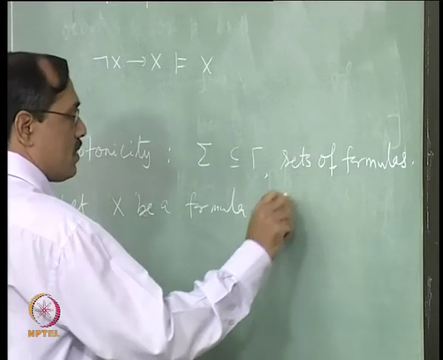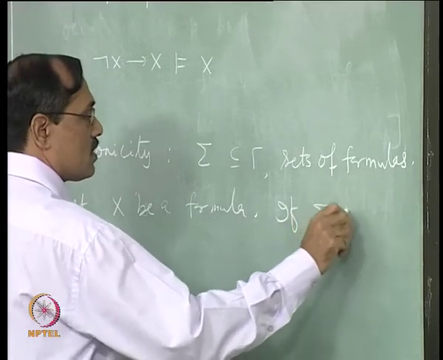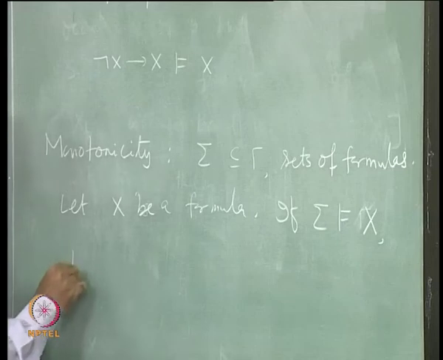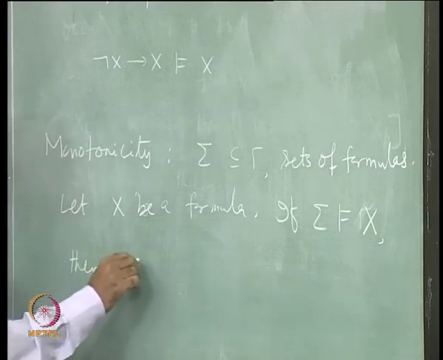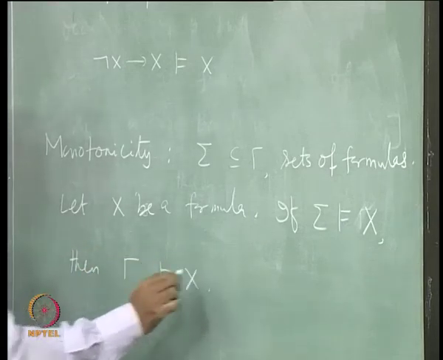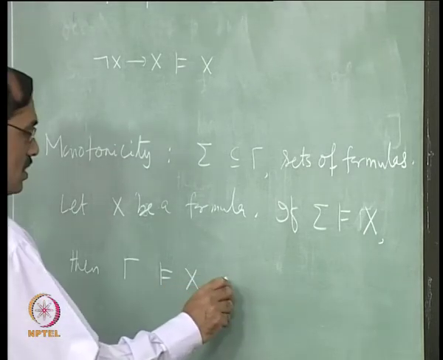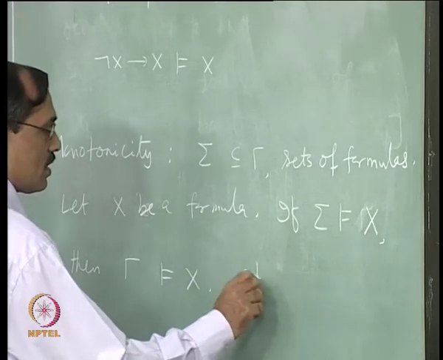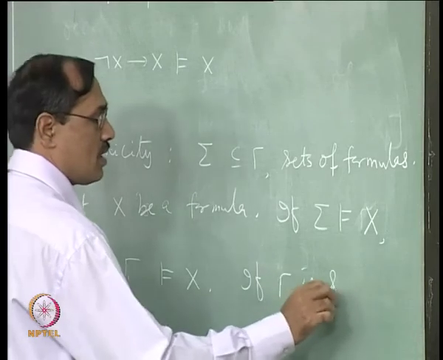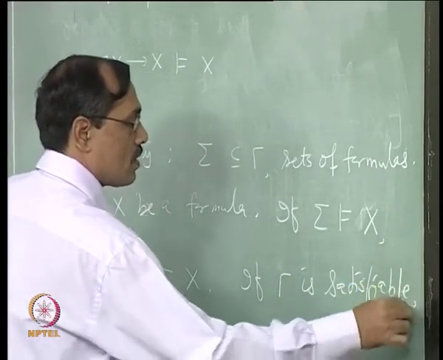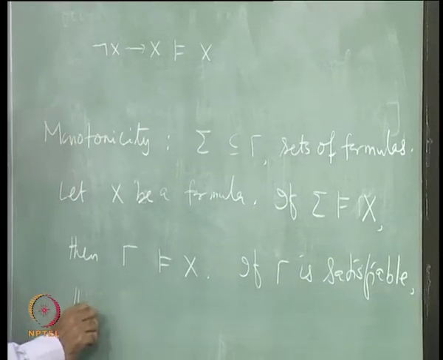So, it says if sigma entails X, then gamma also entails X, okay. And there is another part, it says if gamma is satisfiable, then sigma is satisfiable.